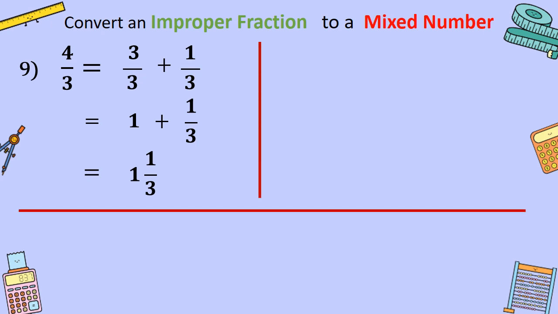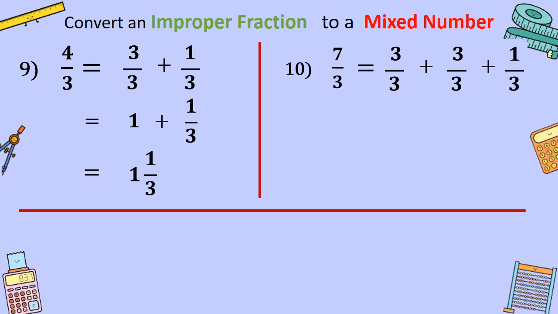Let's look at another example. 7 by 3. Now again 7 by 3 is made of one whole fraction of 3 by 3 plus another whole fraction of 3 by 3. Now if you just see, 3 by 3 plus 3 by 3 gives you 6 by 3, which means we are still less by 1 by 3 to reach 7 by 3, correct?